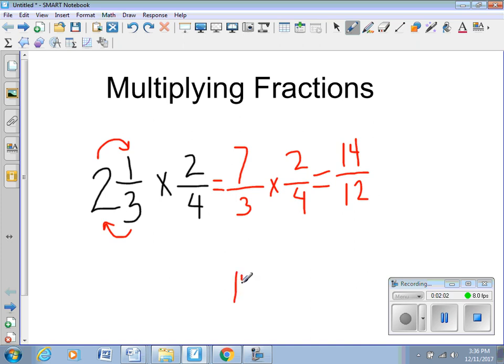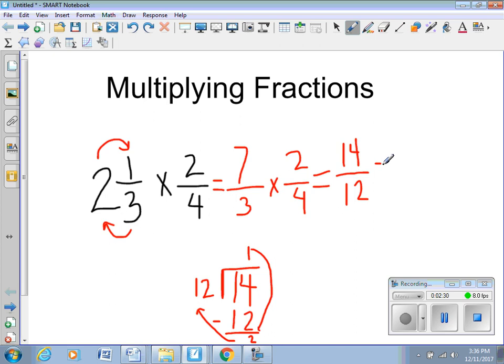So 14 goes into the house if I tip the cow. And 12 is outside. 12 goes into 14 one time. 12 times 1 is 12. And then 14 minus 12 is 2. So now I have my whole number, my numerator, and my denominator.